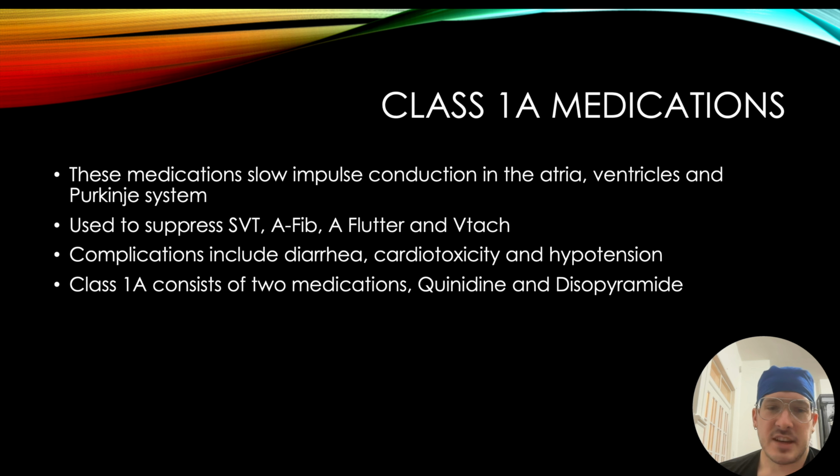They're used to suppress SVT, or supraventricular tachycardia, AFib, A-flutter, and VTAC. Complications include diarrhea, cardiotoxicity, and hypotension. There are only 2 medications in class 1A, which are quinidine and disopyramide.